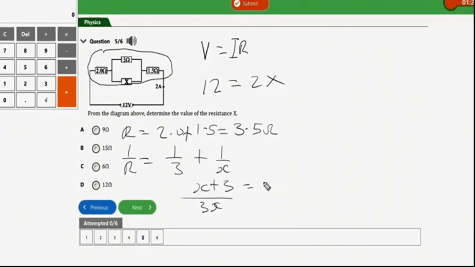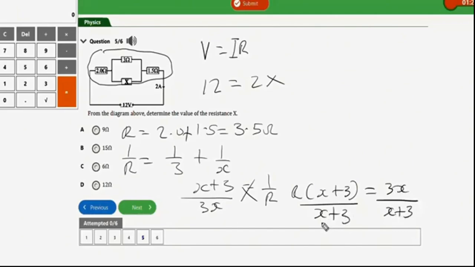So this now equals 1 over R equals, multiply. When you cross multiply, you're going to have R in brackets x plus 3 equals 3x, divide both sides by x plus 3. So the resistance in parallel is now this value.